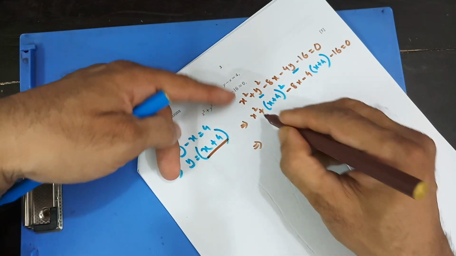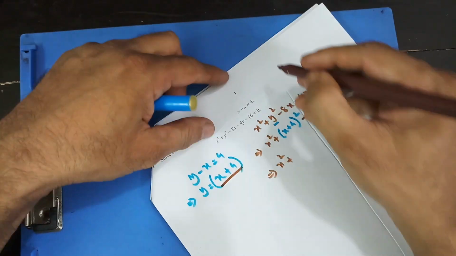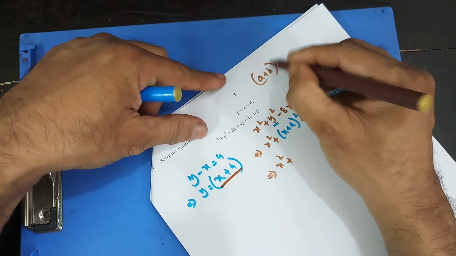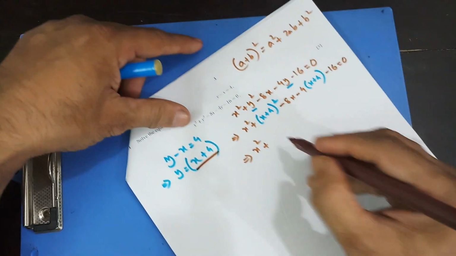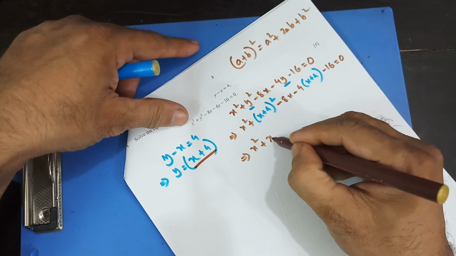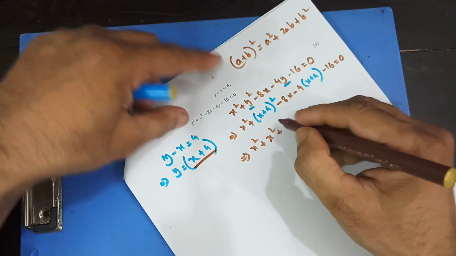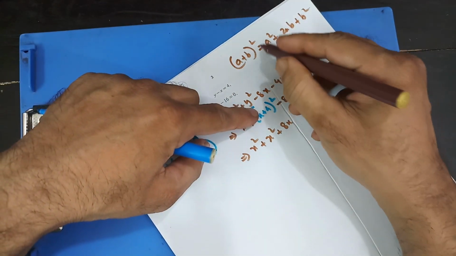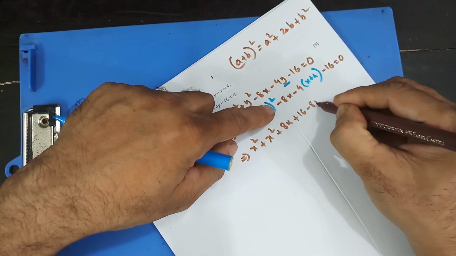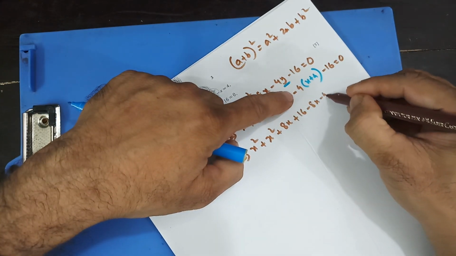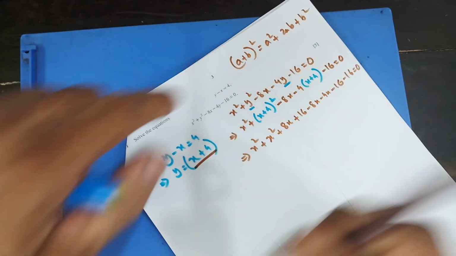Okay, taking the brackets off this equation. So x squared plus, this is in the form of (a plus b) whole squared. That means a squared plus 2ab plus b squared. So a squared means x squared here, and 2ab means 2 times x times 4. That means 8x, and b squared means 4 squared, that means 16, minus 8x, taking this bracket off, minus 4x minus 16 equal to 0.